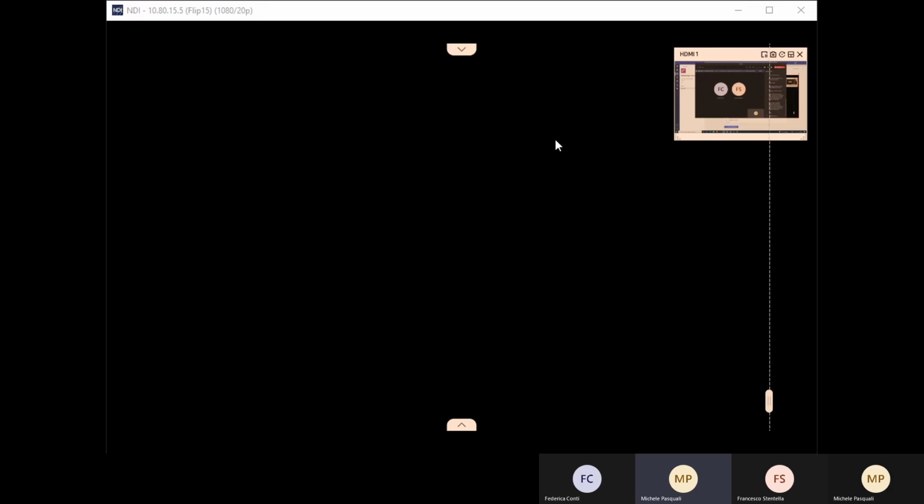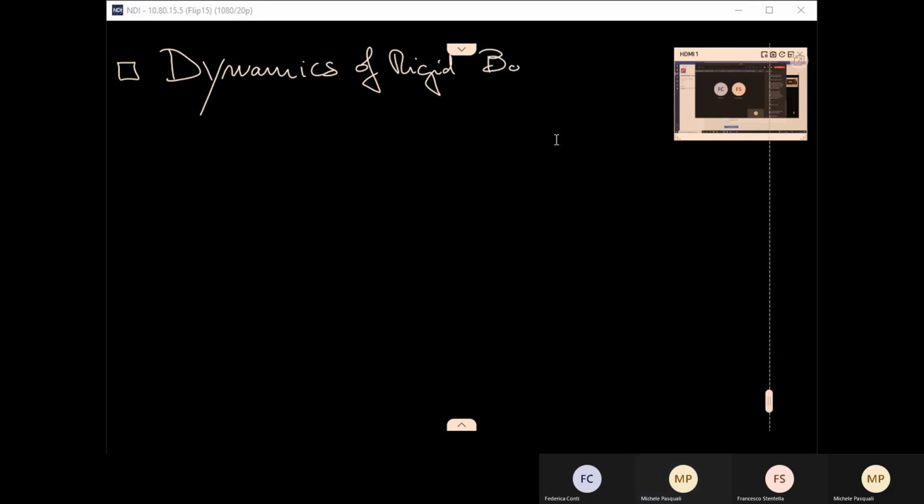So we start today the chapter about the dynamics of rigid bodies. In particular, we will start this treatment introducing the concept of generalized coordinates.